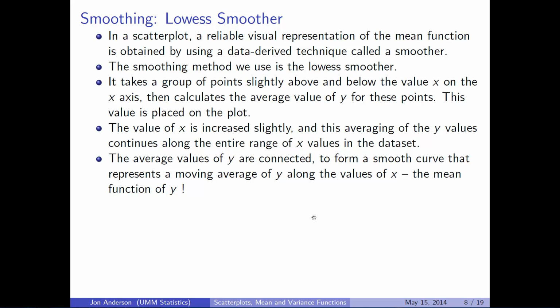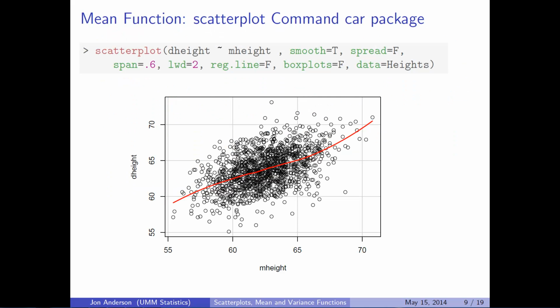As we move along the x-axis, we create different average values of y, and this connection of average values of y is called a smoother, or a lowess smoother, and it maps out an average value of y function. Here's an example of one for the mother and daughter heights data that we saw earlier.